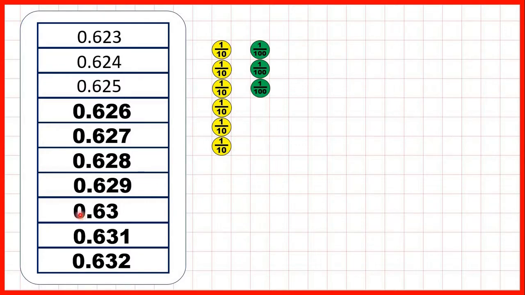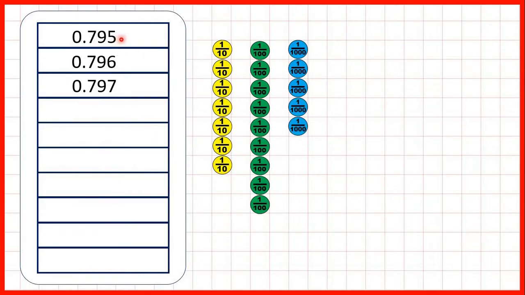So rather than writing 0.630, we don't need to write the 0 in our thousandths, because 0.63 also tells us that we only have 6 tenths and 3 hundredths with no extra thousandths. Then we kept on counting in thousandths until we got to 0.632, so 6 tenths, 3 hundredths, and 2 thousandths.